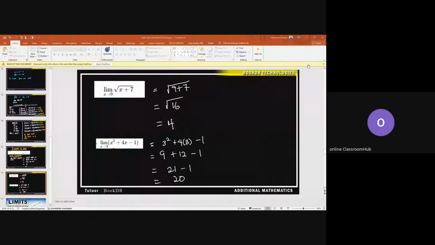It's not about the function being undefined. We say the limit of a function is investigating the behavior of the function around the given point. So that's a practical demonstration we were doing from yesterday.